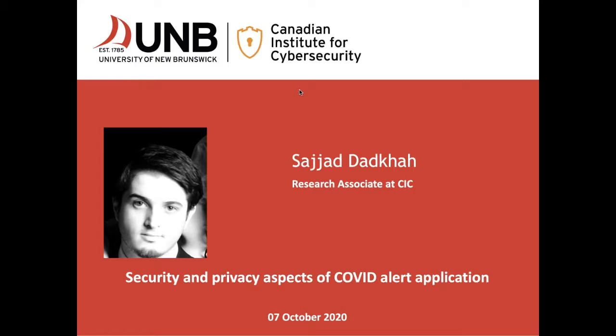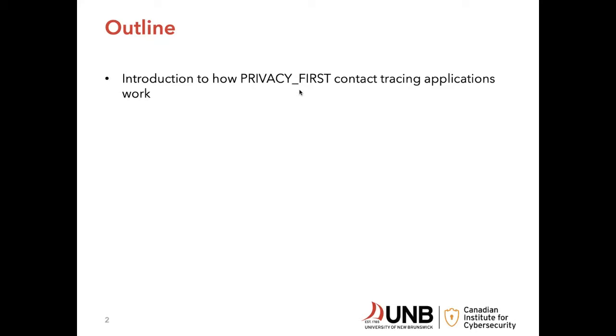So this webinar is designed as an introduction to some of the privacy and security issues surrounding the contact tracing application, and in particular the exposure notification applications, COVID Alert. So we will look at how the COVID Alert contact tracing application works in general, then move on to talk about the different privacy issues of the Bluetooth broadcasting and scanning behavior used in this application.